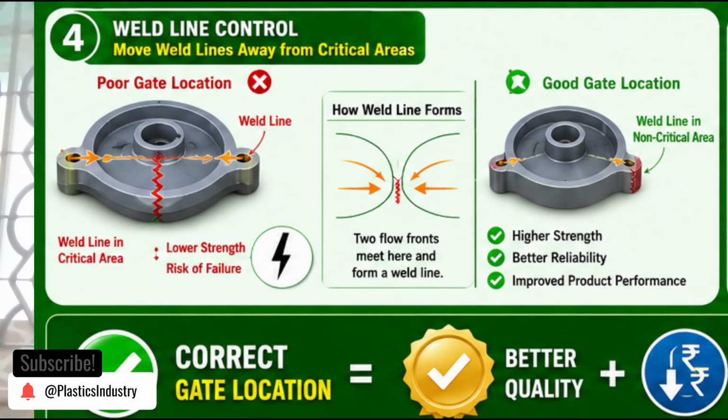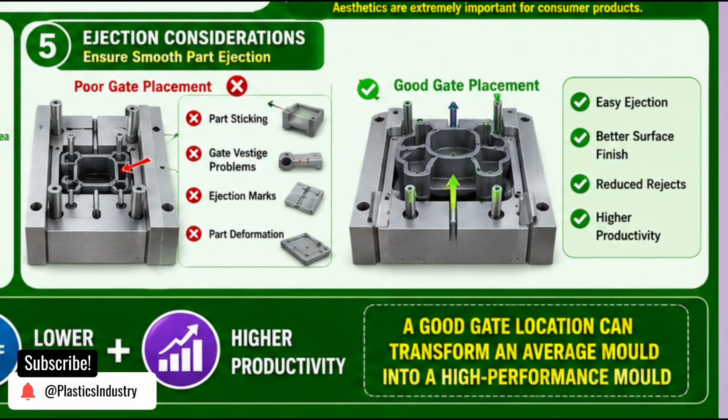Weld lines may reduce strength, especially in engineering plastics. Good gate location can move weld lines to non-critical areas. 5. Ejection consideration. Gate should not interfere with ejection. Improper gate placement may cause part sticking, gate vestige problems, ejection marks, part deformations.